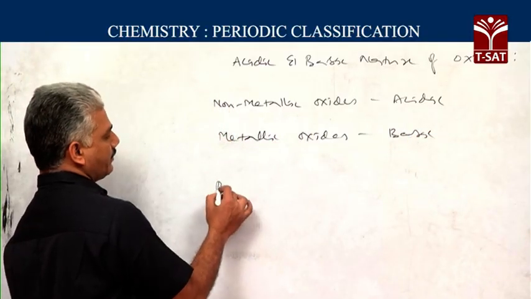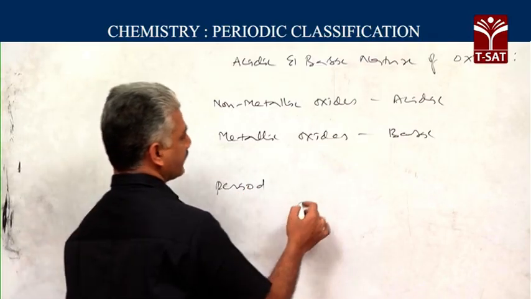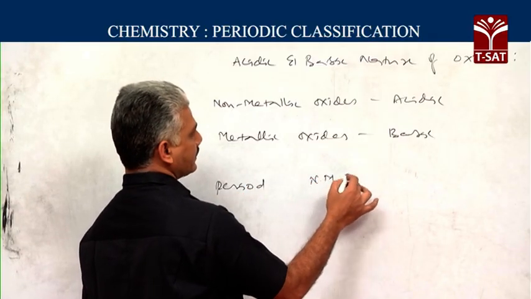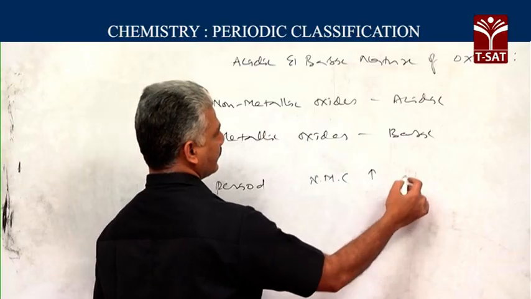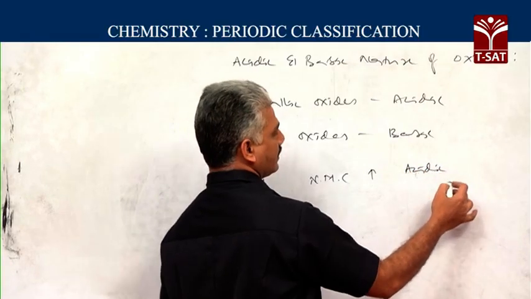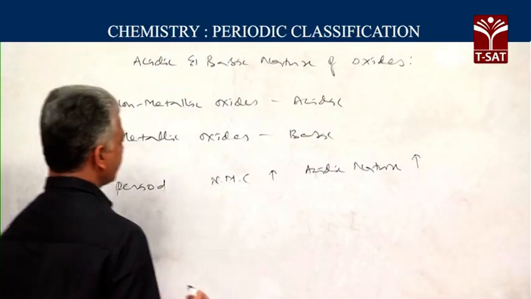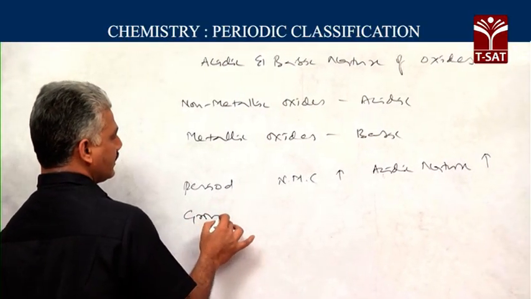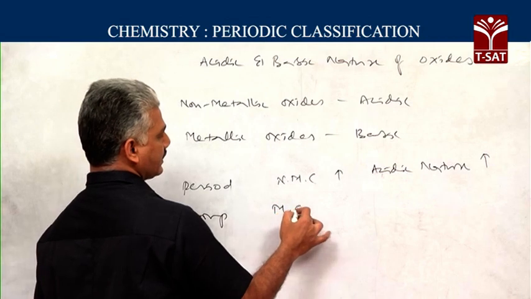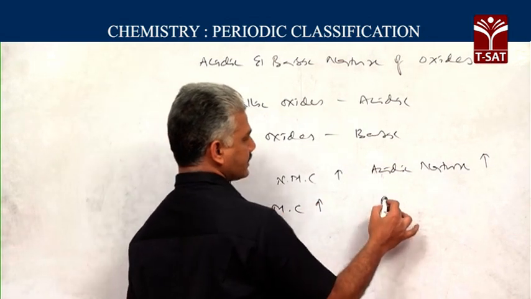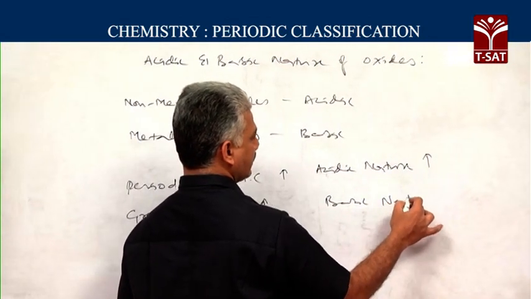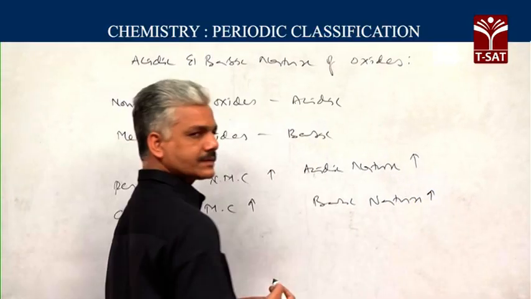So, along a period, non-metallic character increases, therefore, acidic nature of oxides also increases. Whereas, in a group, metallic character increases and hence basic nature of oxides increases.